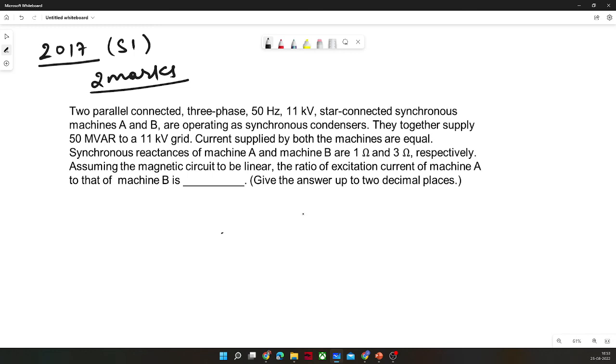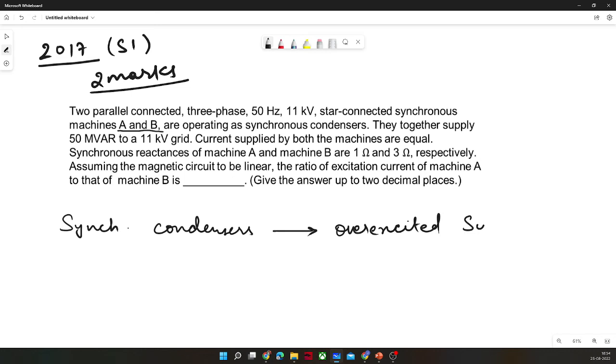So two parallel connected three-phase star connected synchronous machines A and B are operating as synchronous condensers. So synchronous condensers, whenever you see, it will be overexcited motors. Overexcited synchronous motors.